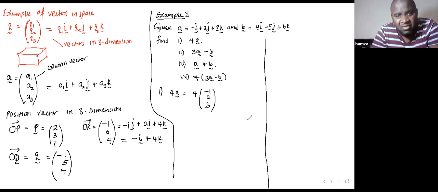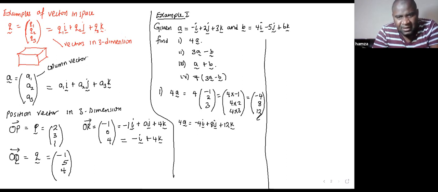Because now this behaves like a matrix of 3 rows and 1 column. So it means everything has to be multiplied by 4, which is 4 times -1, 4 times 2, 4 times 3. But with time, you don't need to write this. You just need to get the answer straight away as -4, 8, and 12. Of course, some people want to write answers in i, j, and k. They'll want to waste some time here and say it's -4i plus 8j plus 12k. It is okay, but here we've already got the answer.